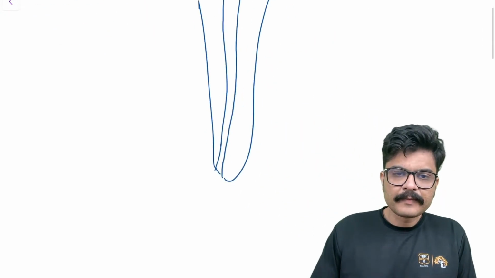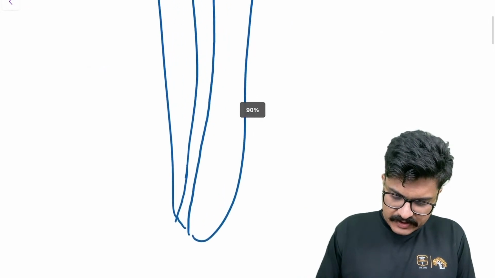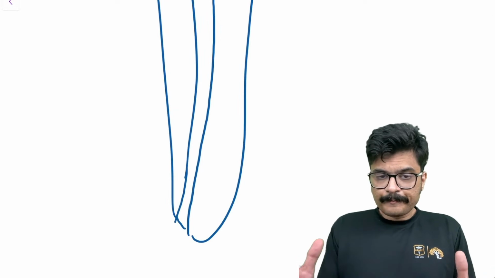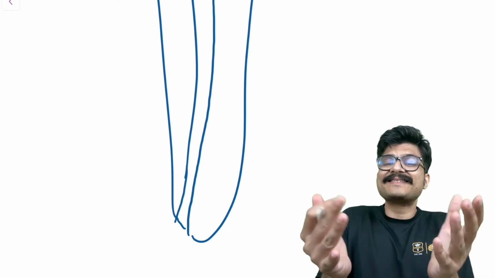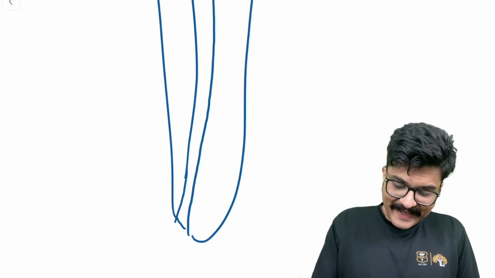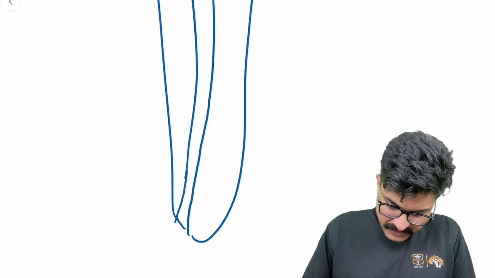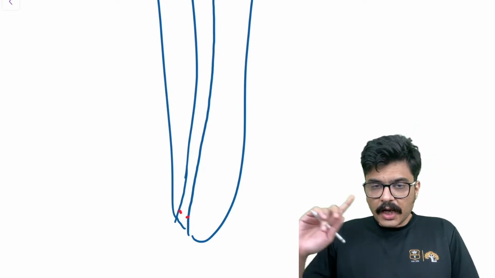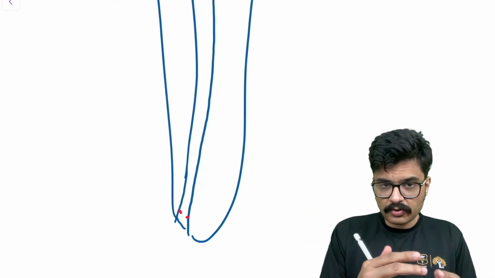All right. Now let me just magnify this some more. Now what's going to happen is, all of you know that up to some distance inside the root canal, your cementum exists, right? So cementum is going to be existing up to some distance here along the entire cross section of your root canal.